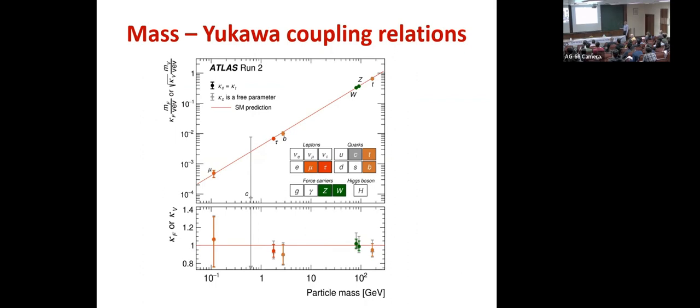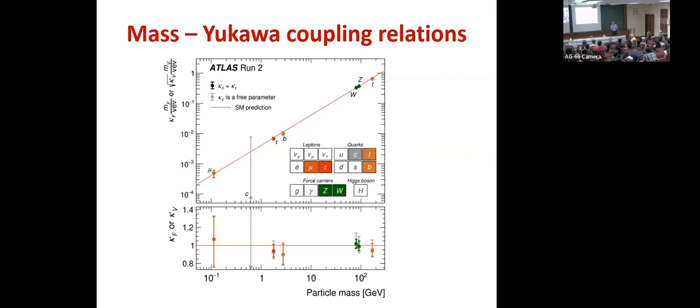So what is done is the following. Of course, particle masses are measured and put on the x-axis. On the y-axis, what is plotted is the decay of Higgs to a pair of fermions, for example Higgs going to b b-bar. If you determine the branching fraction of Higgs to b b-bar, it tells you the coupling of Higgs to b b-bar.